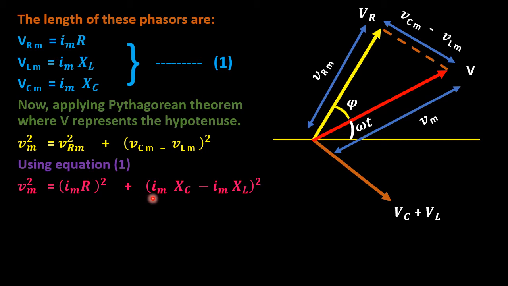So we take Im square common from these two terms on the right hand side, then it will be R square plus (XC minus XL) whole square.